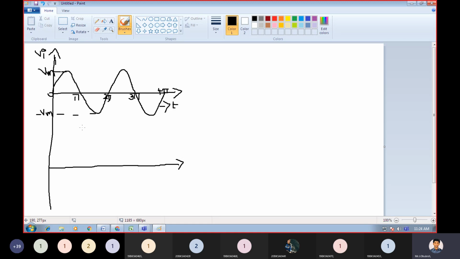For an input sinusoidal signal, what is the output? Vo. You need to draw like this.